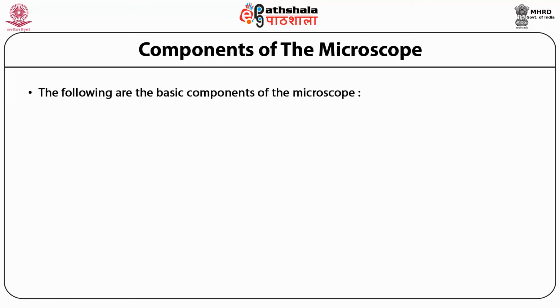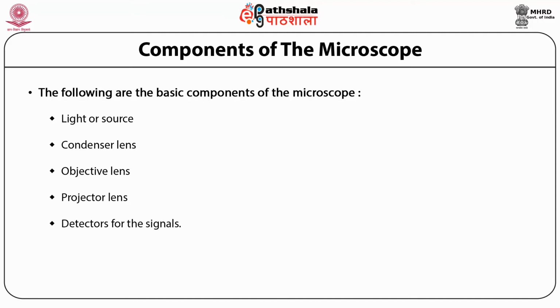The basic components of the microscope are listed as follows. First is the light source. Second is the condenser lens. Third, the objective lens. Fourth, projector lens. And finally, the detectors for the signals.